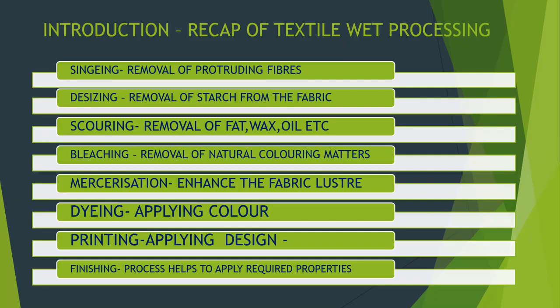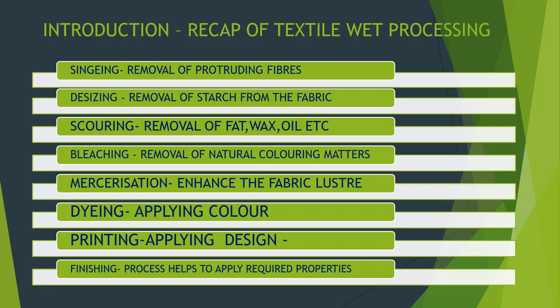And mercerization. This is a process carried out to enhance the shining of the fabric. And you know that the dyeing process is laying colors on the fabric to enhance the aesthetic value of the fabric. And printing, we know very well, is applying wonderful and attractive designs on the fabric, which makes it so attractive.